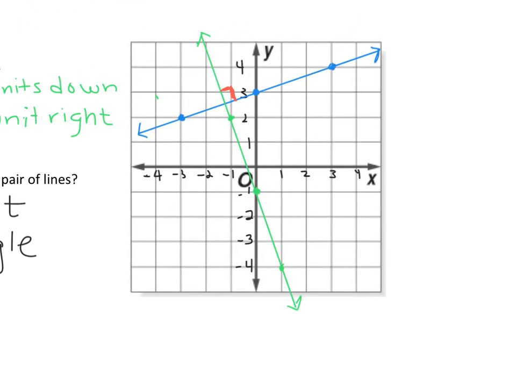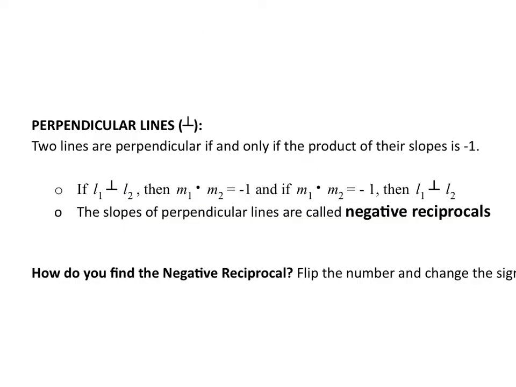And remember that in math, we show that we have a 90-degree angle by using a little square in the corner of that angle. Lines that intersect at a 90-degree angle are called perpendicular lines. So in math, perpendicular lines are represented by a symbol that looks like an upside down T.